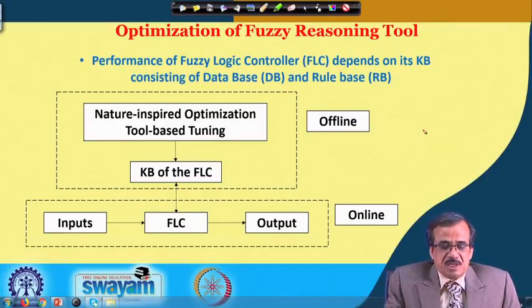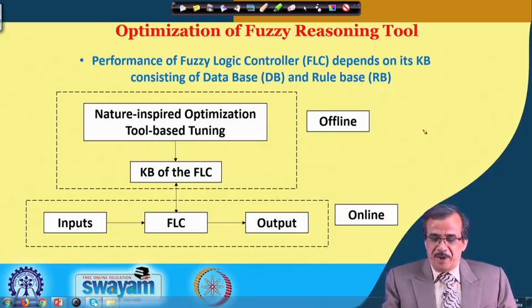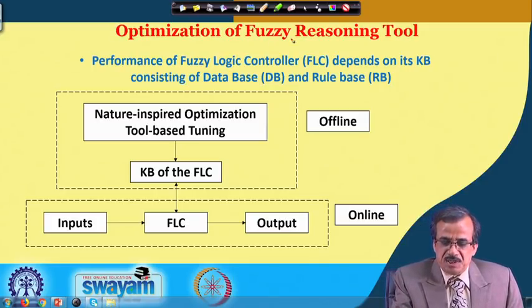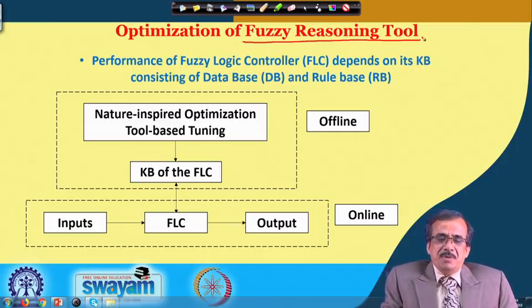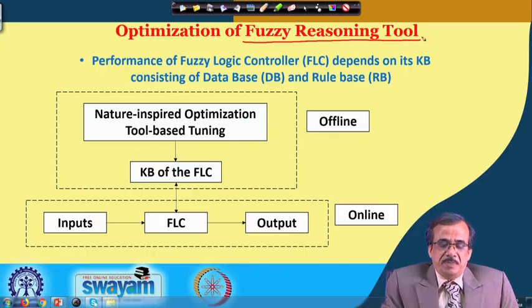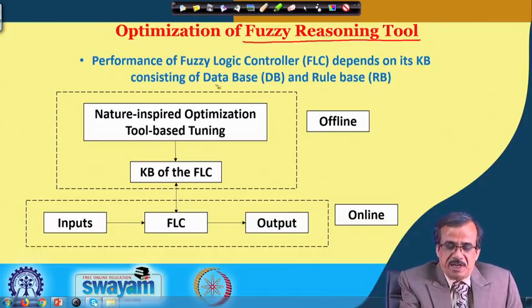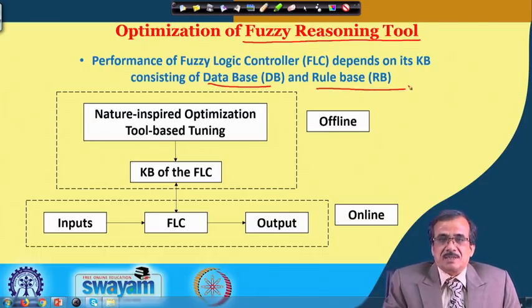Now, we are going to discuss how to carry out optimization to achieve an optimized fuzzy reasoning tool. We have seen that the performance of a fuzzy reasoning tool or a fuzzy logic controller depends on its knowledge base, which is nothing but a collection of its database and rule base.